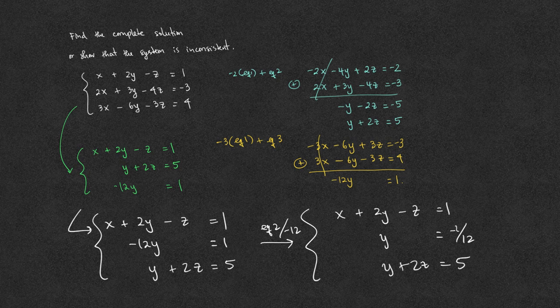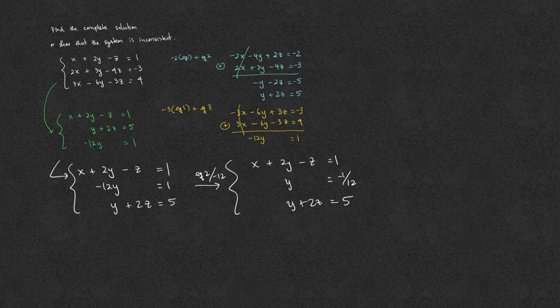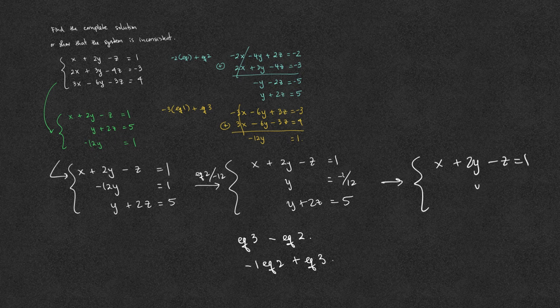And then we use the second and the third equation to get rid of the y in the third equation by taking equation 3 minus equation 2. This is equivalent to taking negative 1 times equation 2 plus equation 3. An equivalent system of equations is now x plus 2y minus z equals 1, y equals negative 1 over 12.